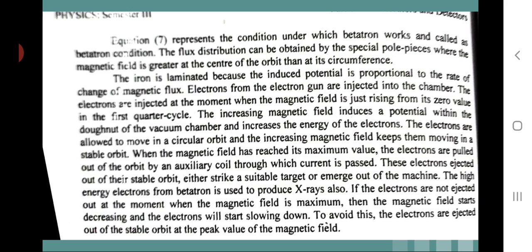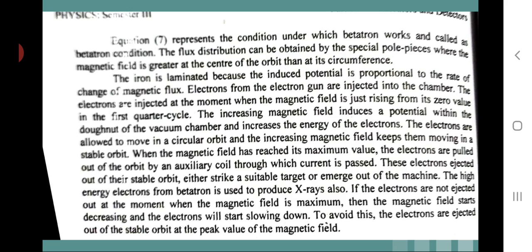The electrons are allowed to move in a circular orbit, and the increasing magnetic field keeps them moving in the stable orbit. When the magnetic field has reached its maximum value, the electrons are pulled out of their stable orbit, and either strike a suitable target or emerge out of the machine.